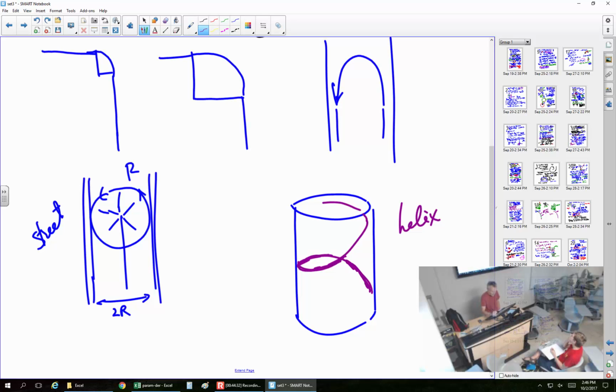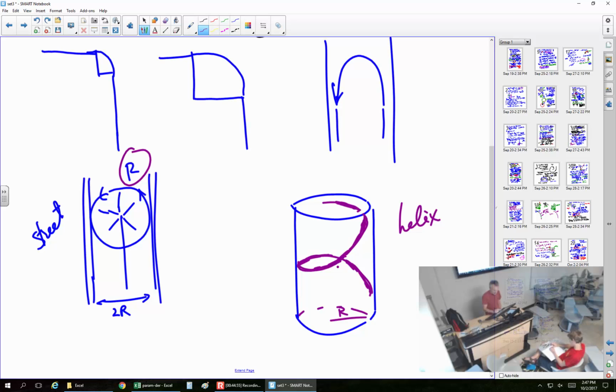Now the question becomes, what should the radius of this cylinder be in order to accommodate the exact same car as this one? We know the radius of curvature of the cars that are to use this parking garage, and now we want to know what the radius should be for our ramp.